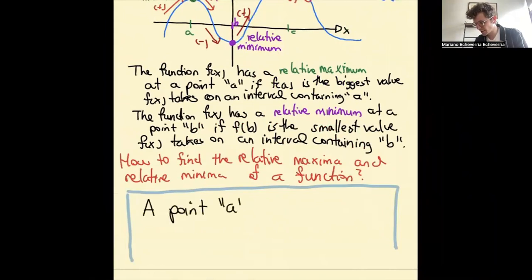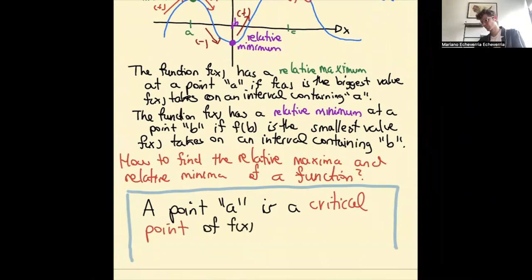A point A is called a critical point of the function f of x if the first derivative becomes zero at this point.